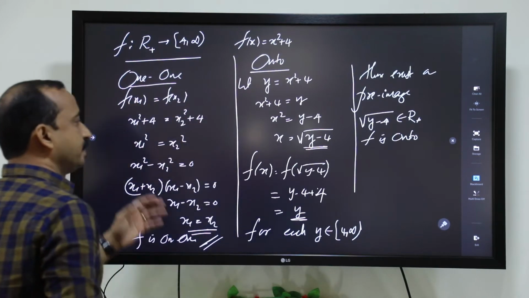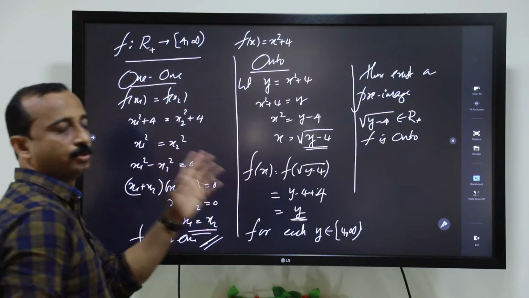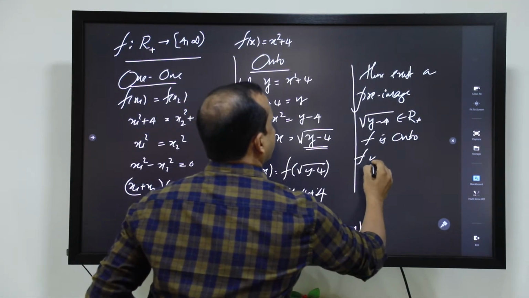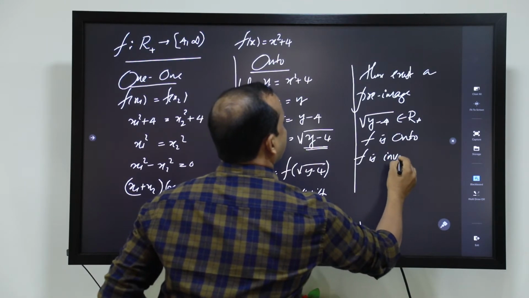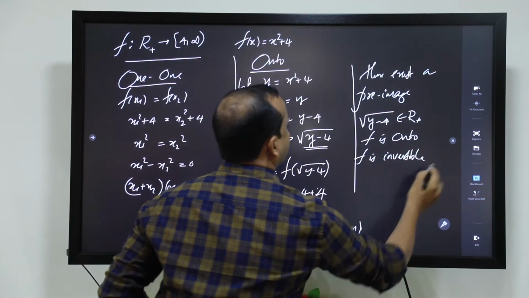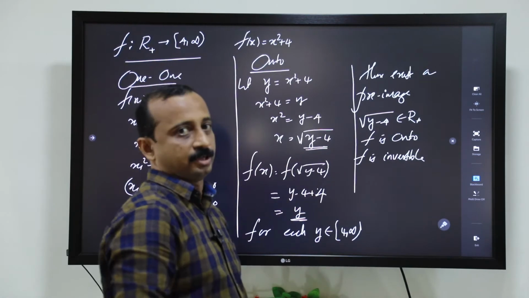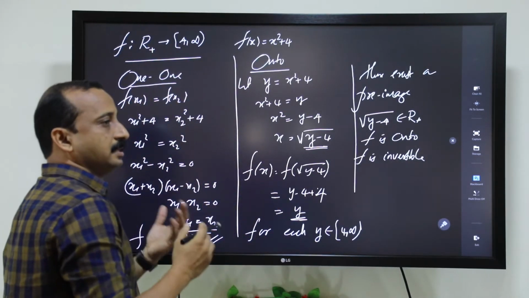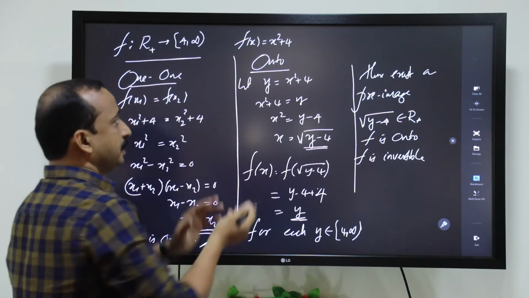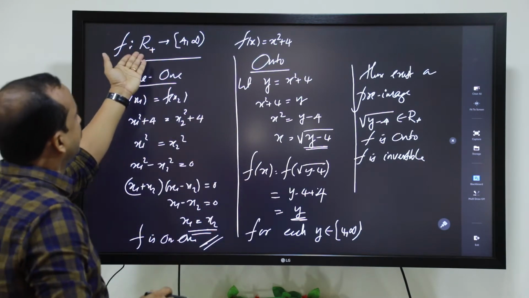That means our function is one-one and onto. Therefore our function is invertible. Since f is invertible, there exists an inverse function. That means we form a function from [4, infinity) to R plus.